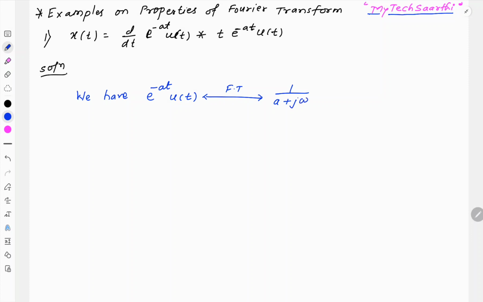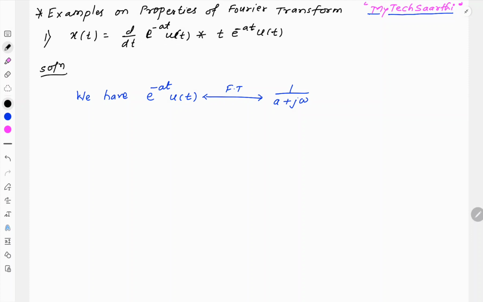Using this equation we can simply find out the Fourier transform of e raised to minus at u of t. Now in this equation we have the convolution term also, and this e raised to minus at has time differentiation.